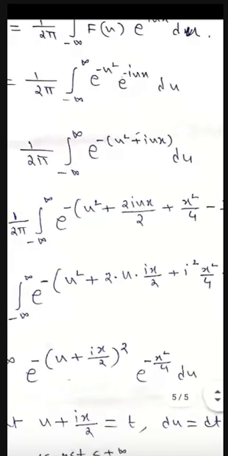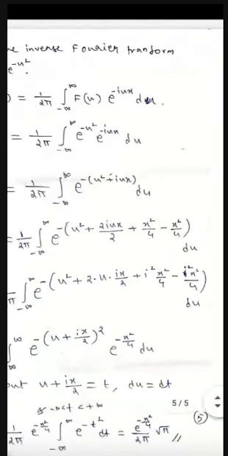Why didn't I integrate directly? Why did I use the a plus b whole square formula, and why did I add plus x square by 4? Why have I done all this circus? Simply I can directly do the integration, there itself. Why am I not doing it?